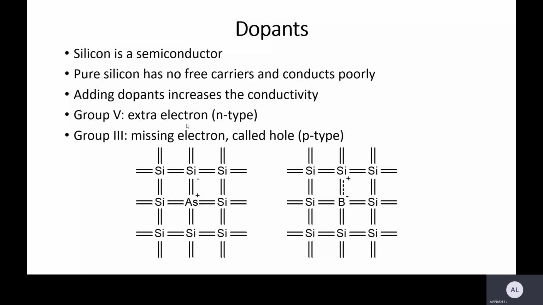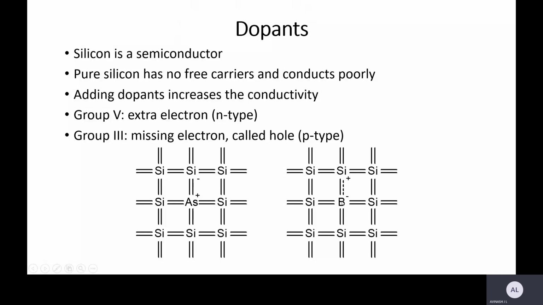Similarly, in the lattice structure of silicon, we can see that in the center arsenic has been placed, and that arsenic has been indicated as a plus. So we can get the extra electron here. And here, when you are adding the boron, the negative sign comes into the picture.